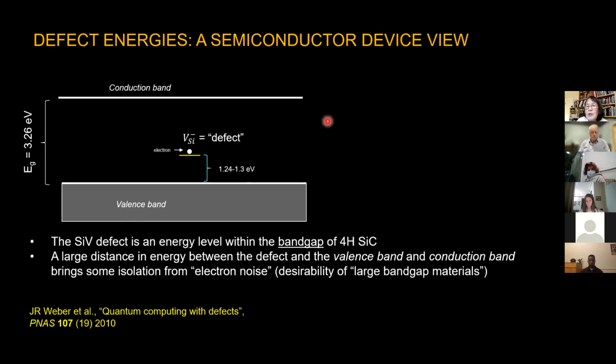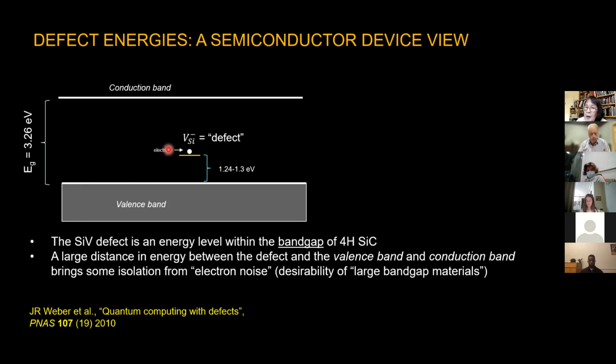So let me show you another aspect of how we represent a defect. This is from the semiconductor device community, where it's a very simple diagram that shows a valence band edge and a conduction band edge, separated by a region where, in the perfect crystal, there are no allowed energy states. That's called the band gap. In the case of 4H silicon carbide, that band gap has an energy of about 3.3 electron volts.